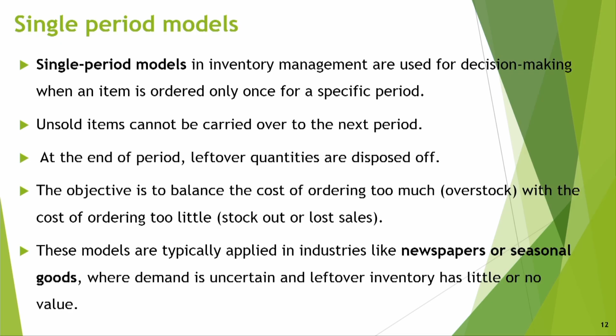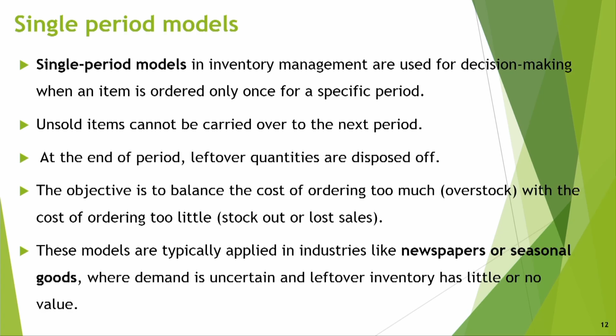Similarly, a newspaper man goes to the market and purchases newspapers in bulk, but after the day is over, those newspapers have to be thrown away. Maybe he may get some money because of the paper cost, something like salvage value, but otherwise it is just wastage.